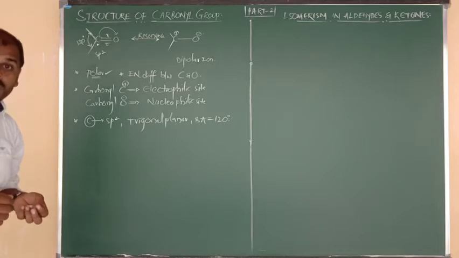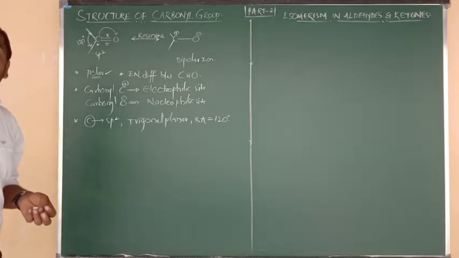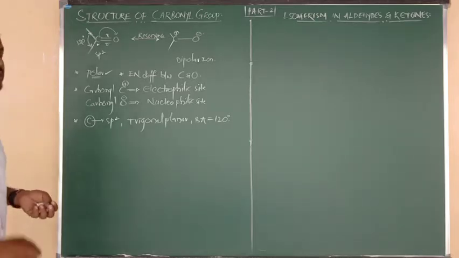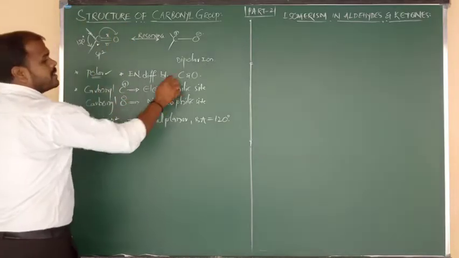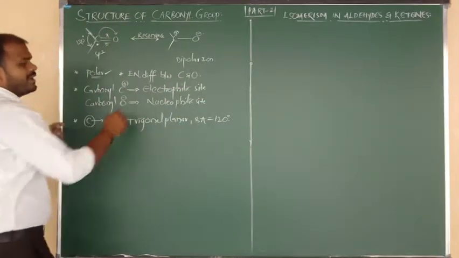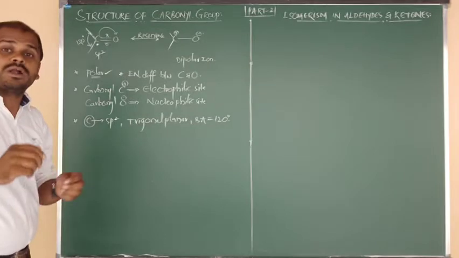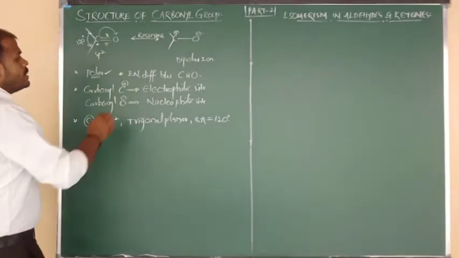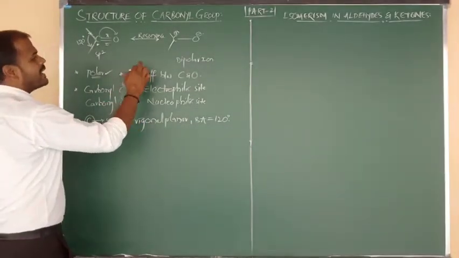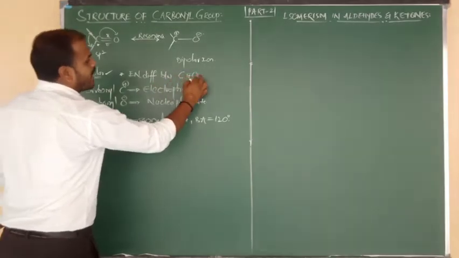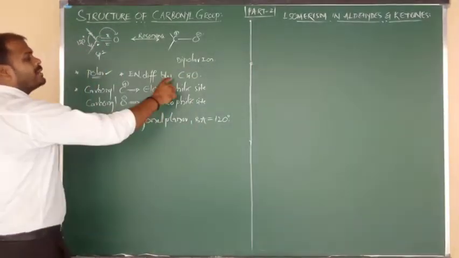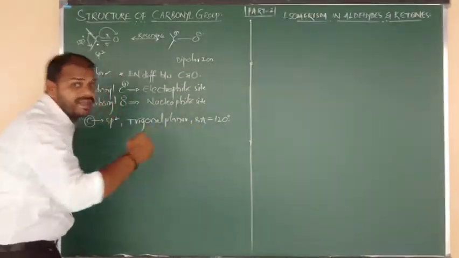They may ask you one more question: why are carbonyl compounds polar in nature? Our answer is, in carbonyl compounds, carbon and oxygen have a difference in electronegativities. As compared to carbon, oxygen has more electronegativity.